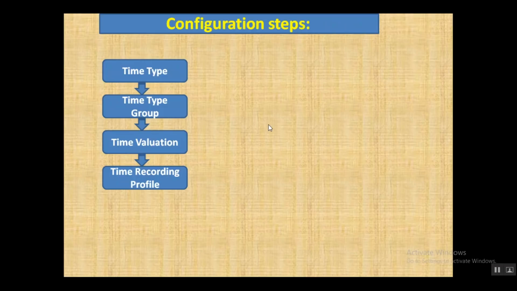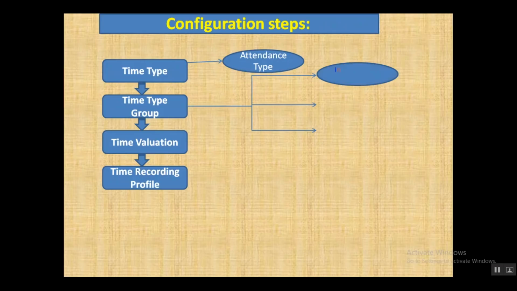Just for clarification, I am not going into detail on these four topics, as I already explained them earlier. Just for an overview, I am telling the basics. For time type, we need to configure the time type with attendance type classification. For time type group, we need to configure three time type groups. First one is input working hours, that means whatever input working hours you can define, like regular working time types.